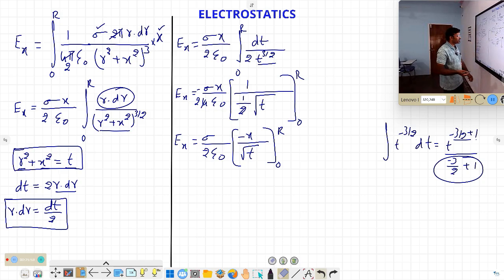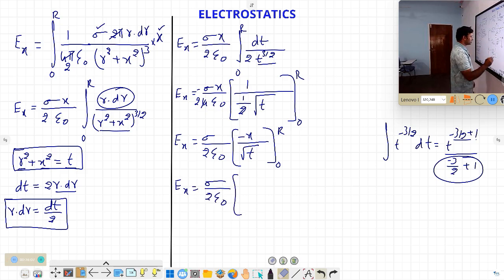If you replace the t value, Ex equals sigma by 2 epsilon naught into minus x by under root of small r square plus x square, not capital R square, from 0 to r.